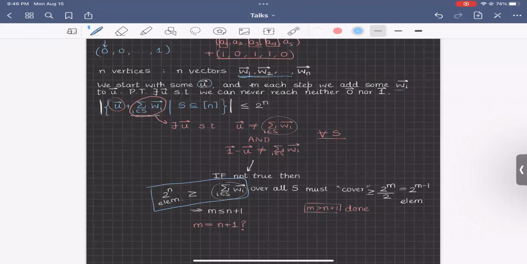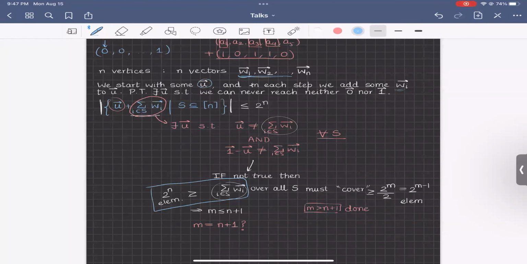So you can't return to the same configuration again. That's what it says. But can we just add wi again? No, that's not allowed. I'm just considering these distinct subset combinations, right? Okay.